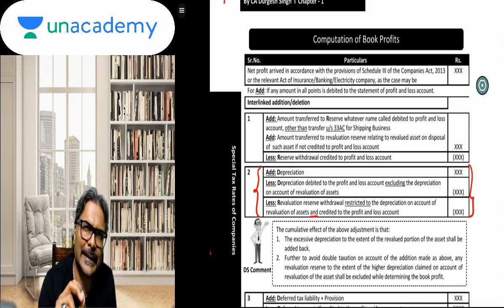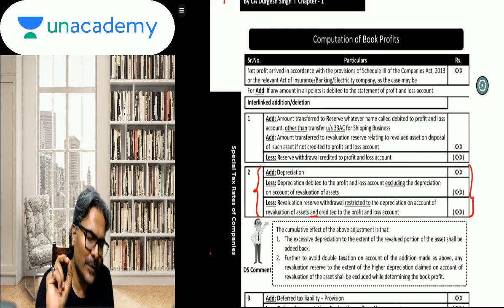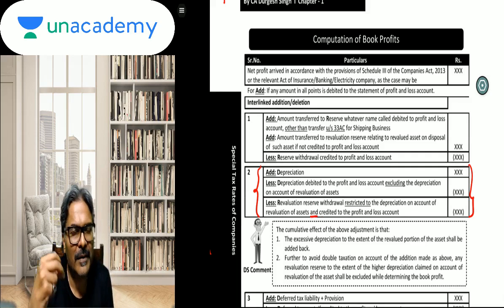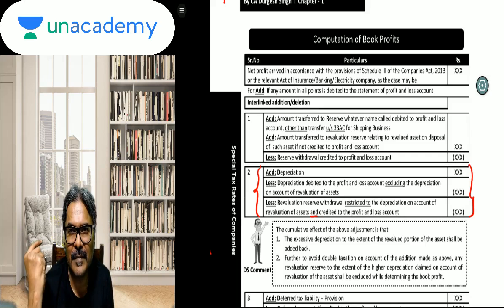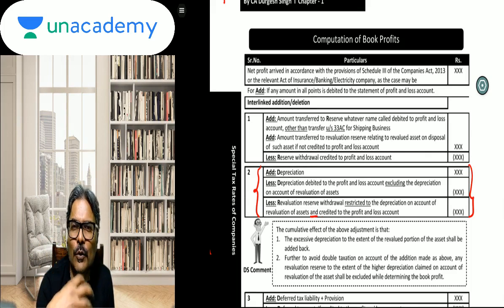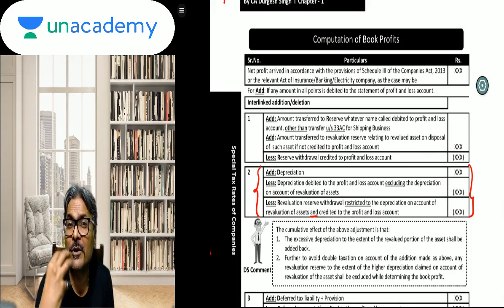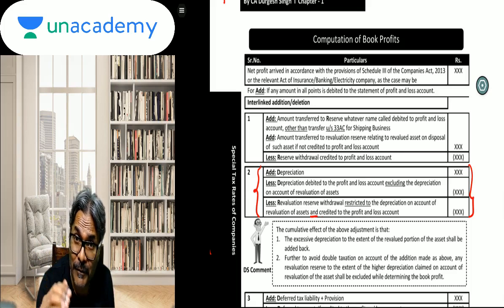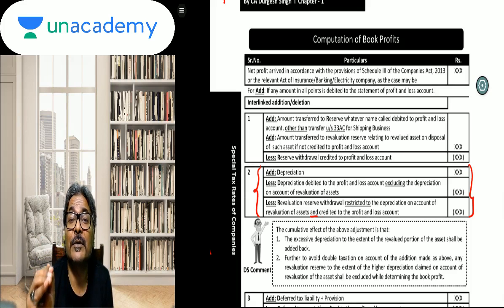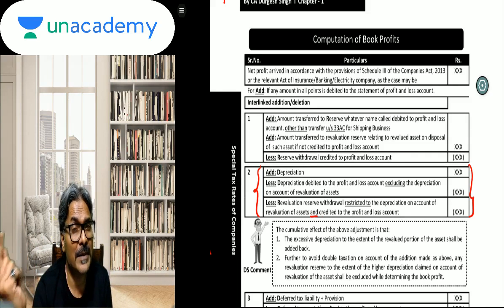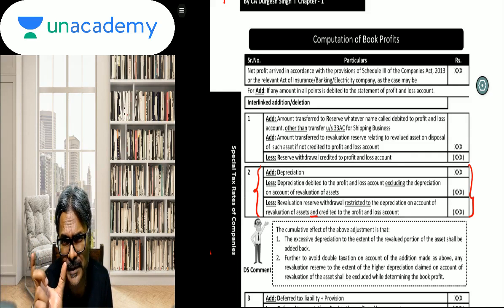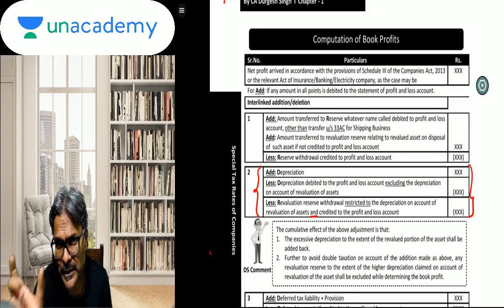So any attempt to reduce this net profit will have adjustments. That was the original logic the government had for doing this adjustment on the net profit as per the Companies Act, so as to finally determine the book profit.